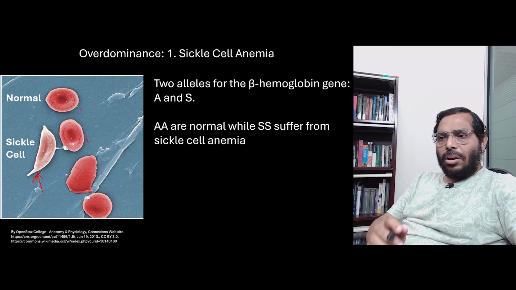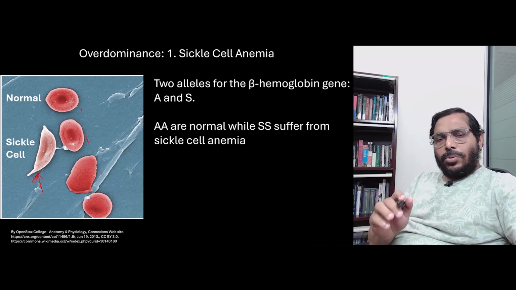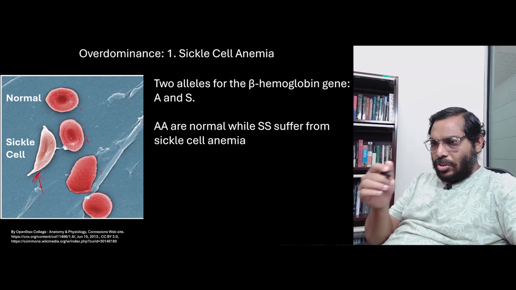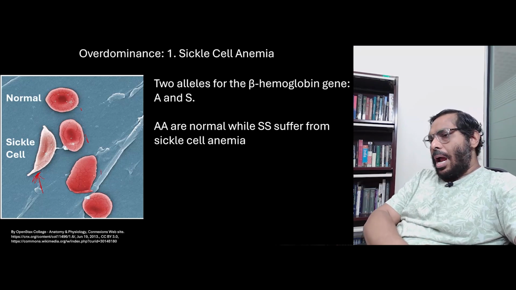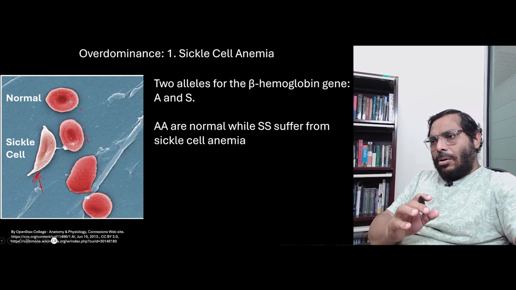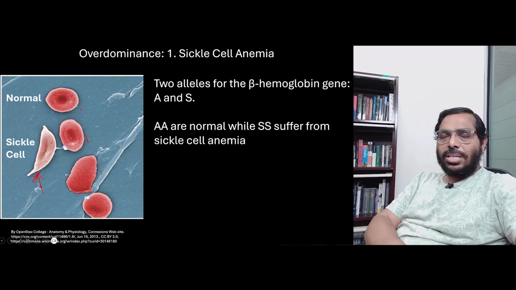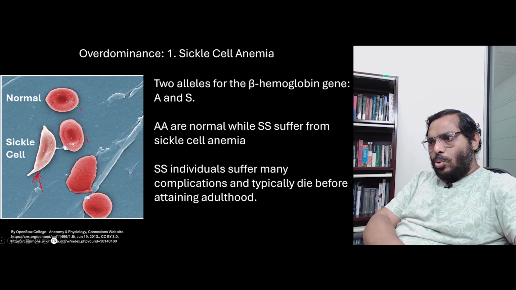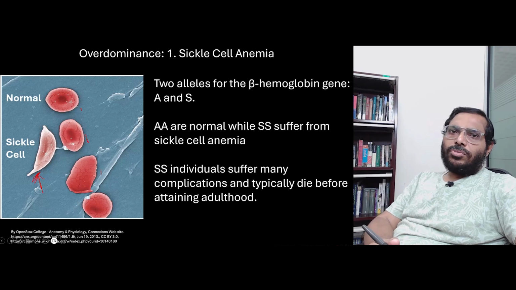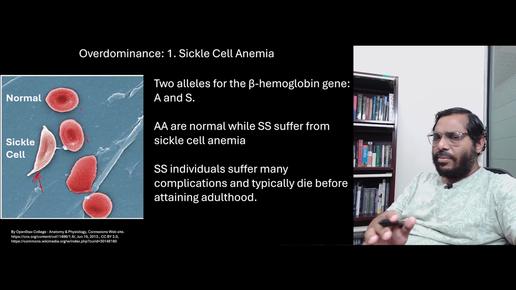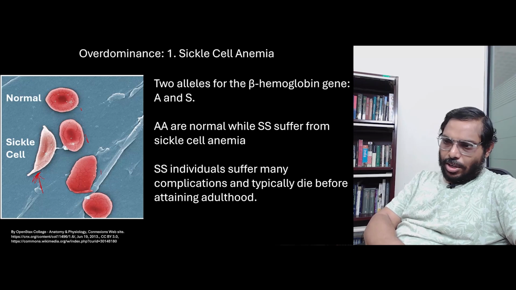Because of this, this particular cell is not able to carry as much oxygen as normal cells, and because of that, individuals which are homozygous for the S allele end up having lots and lots of physiological complications, to the extent that most of them typically die by about age 5 or so. Very few of them actually attain adulthood.